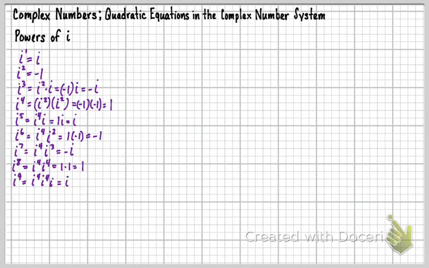So I wonder if you see the pattern yet. One thing that's really nice about this is I always pull out the i to the fourth as much as I can. So for instance, if I had i to the 24th, I know that's really i to the fourth times itself 6 times.